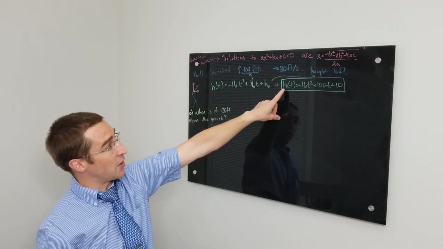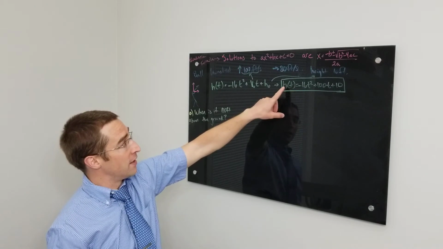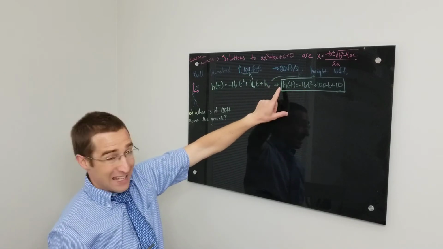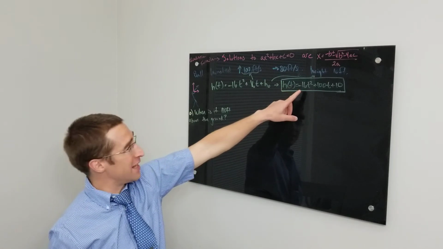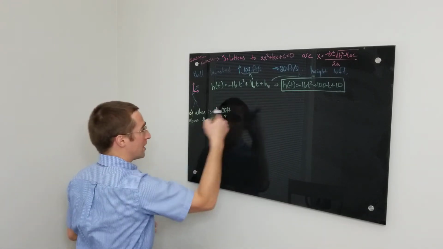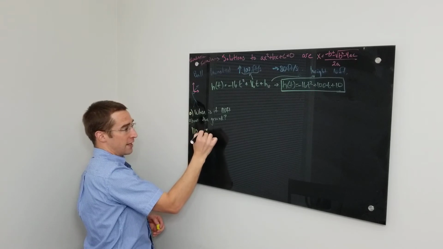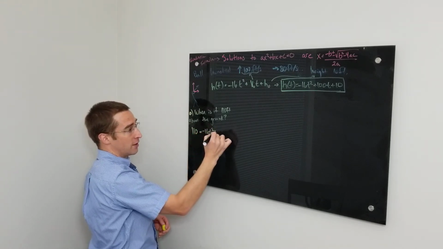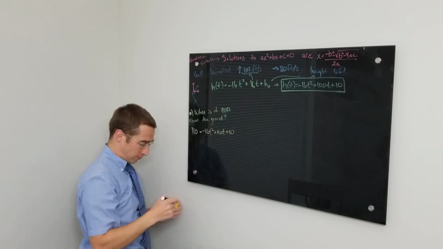The height is our h here in this final equation. So we're going to say, when h is 110, what's that t? What's that time that gives us that? So we're going to replace the h of t with 110. So we go 110 equals negative 16t squared plus 100t plus 10.